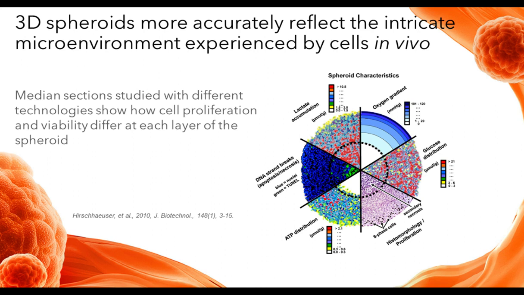Correspondingly, since low oxygen conditions lead to lactic acid accumulation, you can see in the center of the spheroid, lactic acid accumulation is high, and it's lower on the outside. Indeed, all of these biochemical effects collectively relate to, in some cases, differences in differentiation and proliferation of the cells. And in the interior of the spheroid, you can, in fact, after time, get frank necrosis.